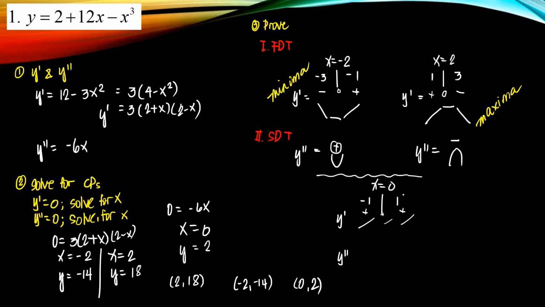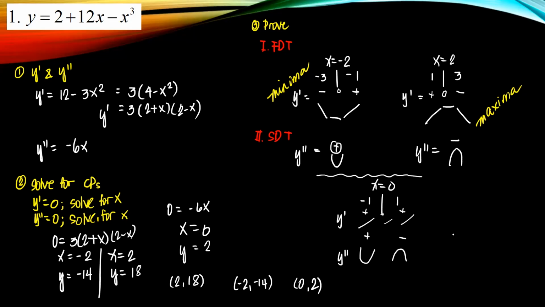You will ask me, what's the y double prime at 0? Don't get y double prime at 0 because that's actually where you get it from. Get the y double prime of -1. What's the y double prime of -1, guys? -6 times -1 is what? Right, positive? If it's +1, I just apply that to -6 times +1, which is negative.